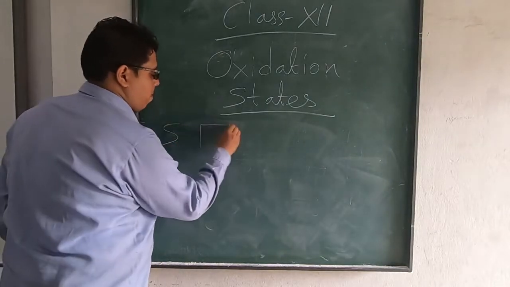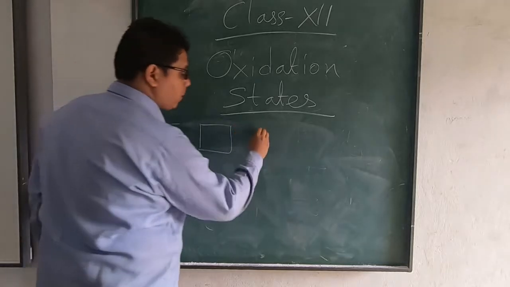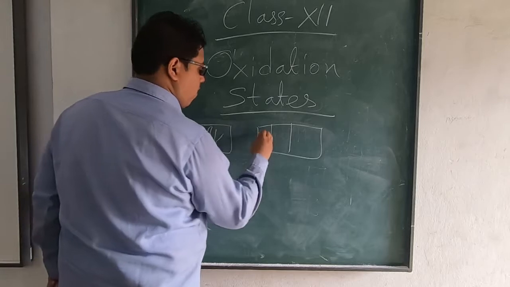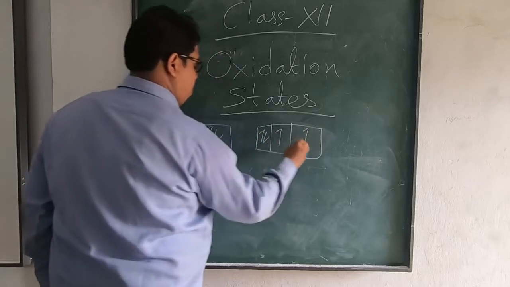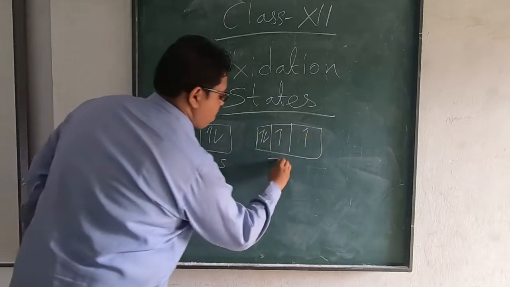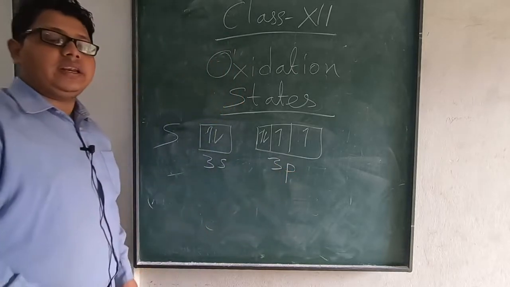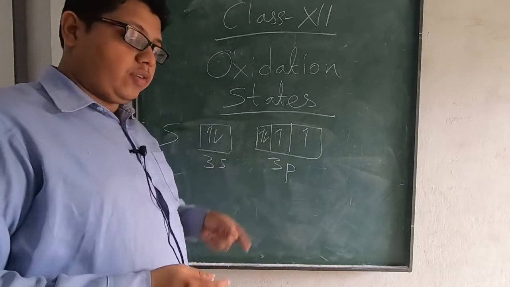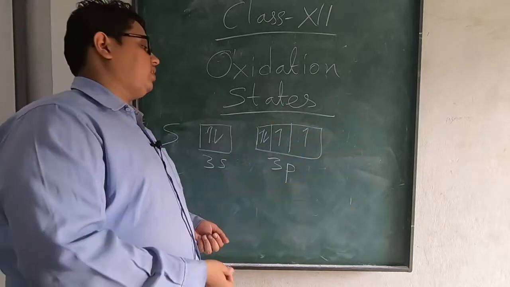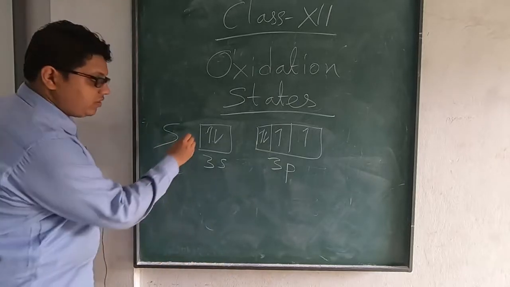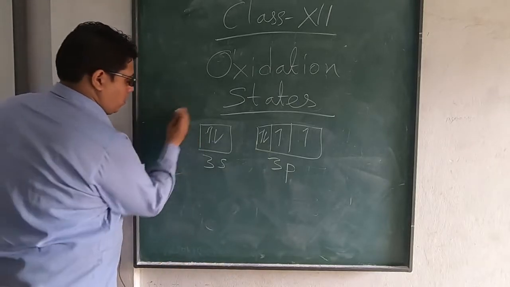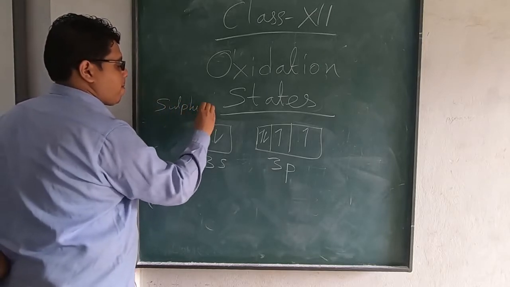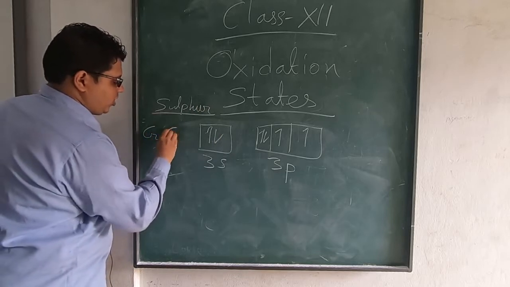Sulfur, as we saw earlier, in the ground state resembles exactly that of oxygen. Let me write, this is all for sulfur. This is the ground state, GS.